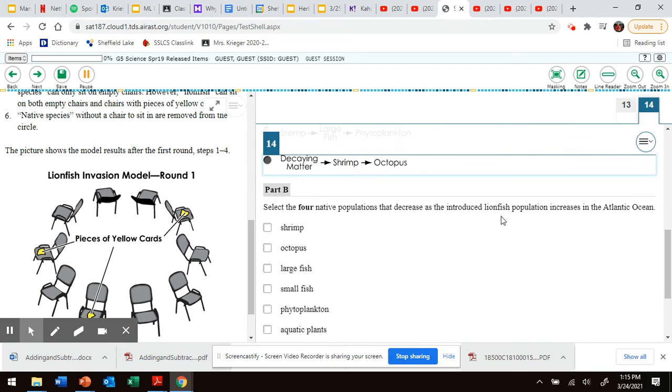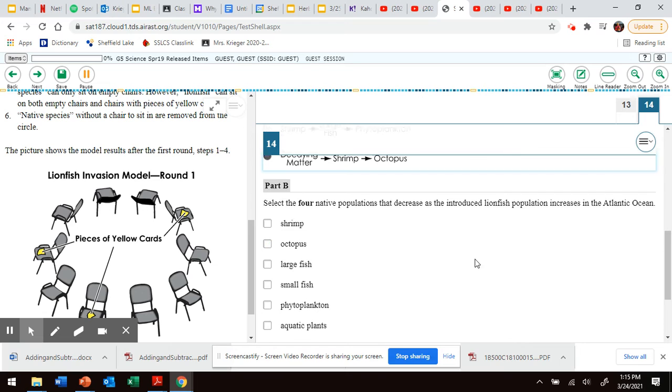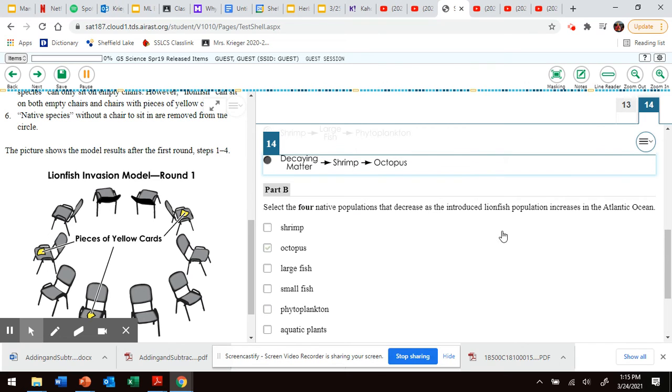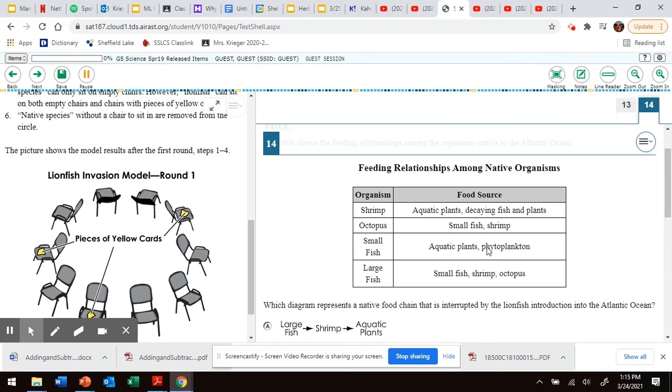That is 1 point. Then part B is asking you to select 4 native populations that decrease because the lionfish population increased. So because the lionfish is increasing, there's 4 organisms that will decrease. We are getting that information from the passage and from this table.